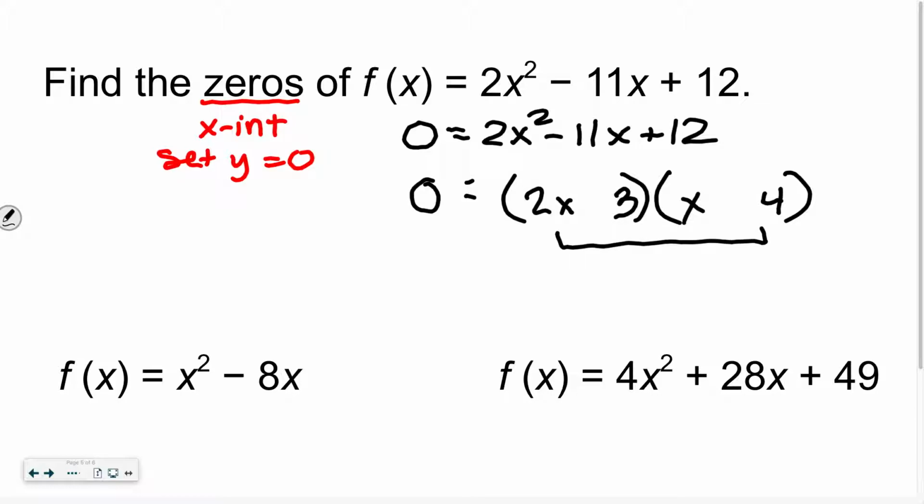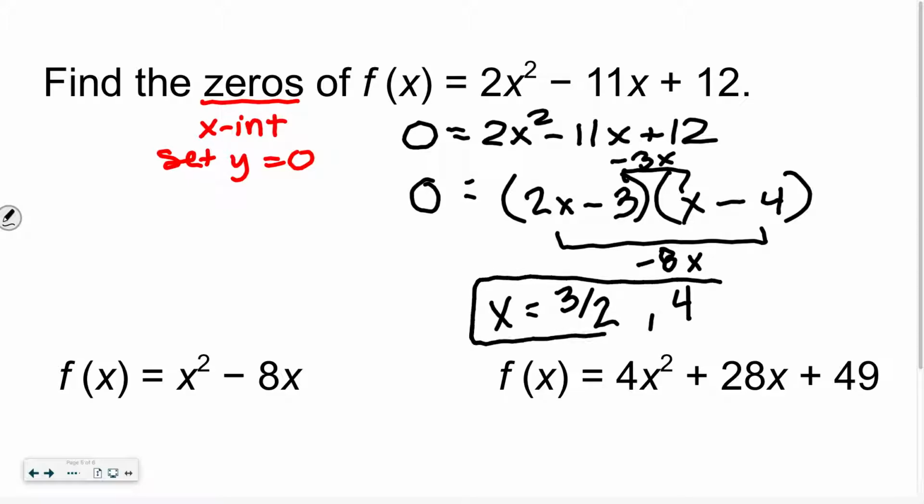So that's 8x and 3x. And then they both are negative. That way, negative 3 times negative 4 is positive 12. And the negative 3x and the negative 8x make 11x. Okay. And so your answers here are going to be x equals 3/2 and x equals 4. So those are the zeros, which show up as x-intercepts.